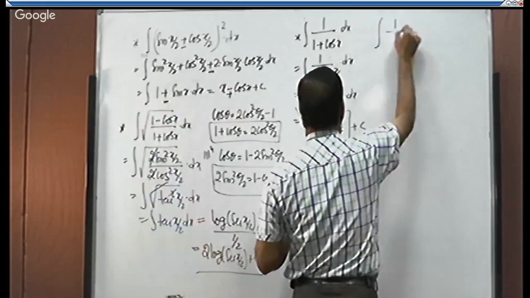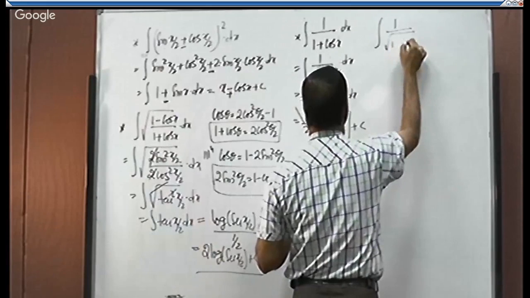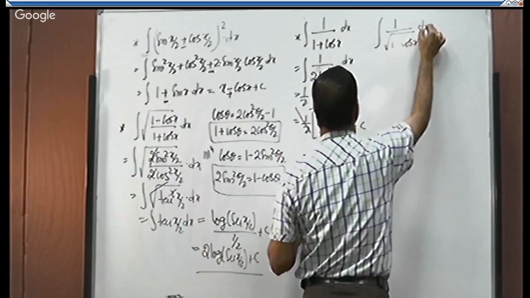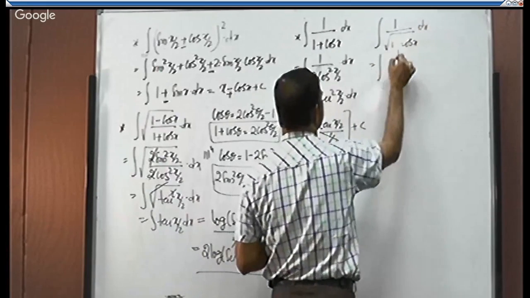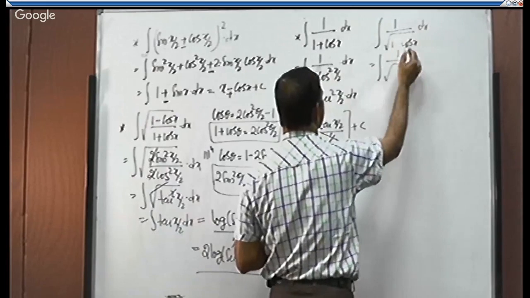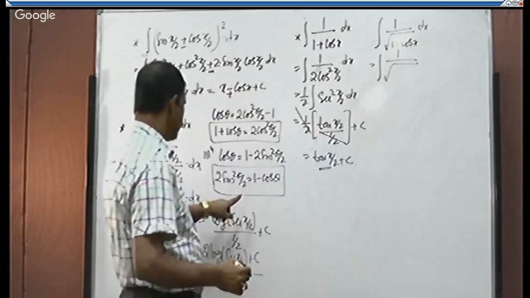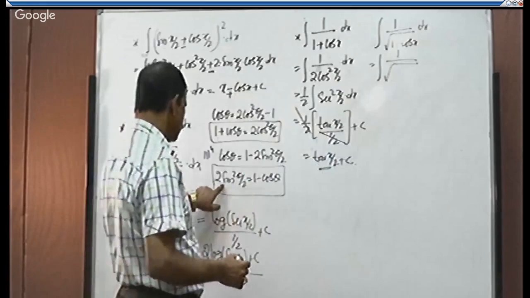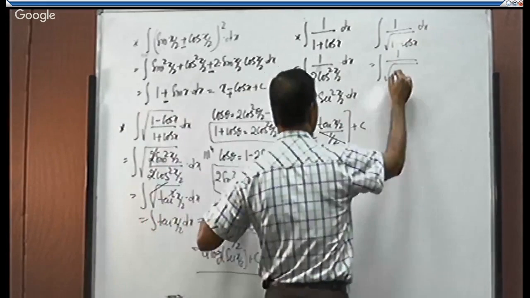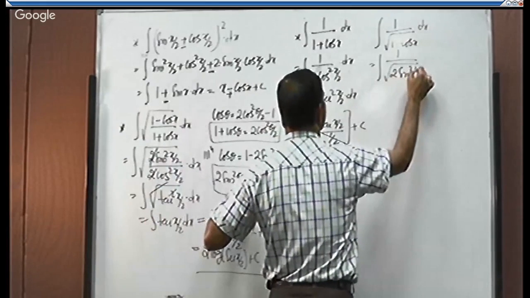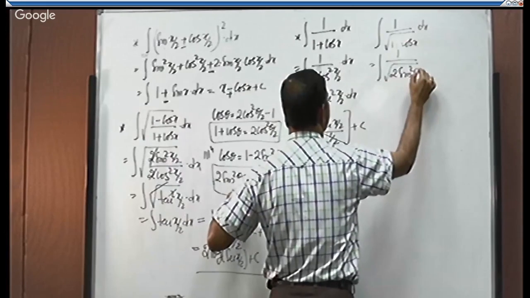Suppose it is 1 by root of 1 minus cos x dx. So it is taken as what? Root of 1 minus cos x becomes, 1 minus cos theta is equal to 2 sine square x divided by 2, right?